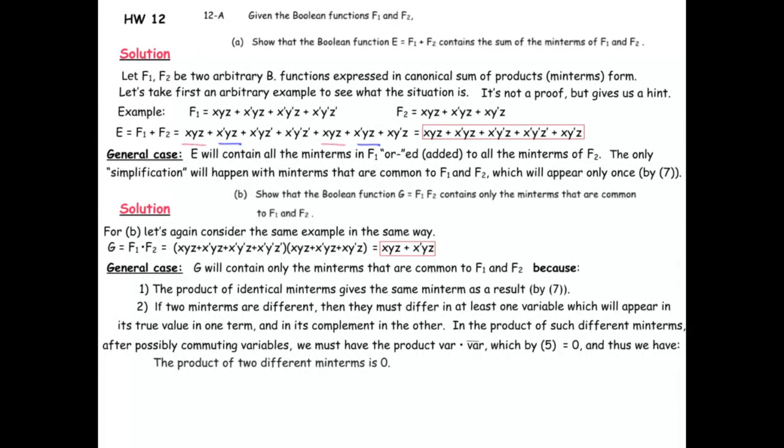Thus the product of two different minterms is always 0. Only a product of two identical minterms is 1. It doesn't matter how different the different ones are. They could have one variable off, two variables off, all three variables off, and the product is 0. And so that's the result, and these are the two rules.